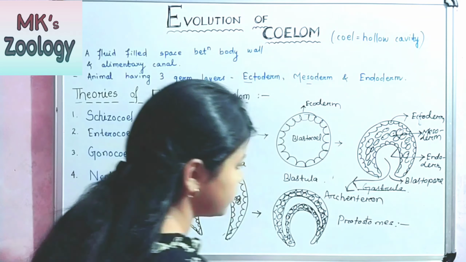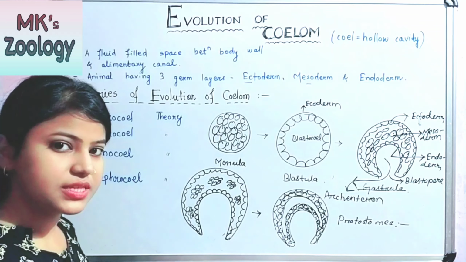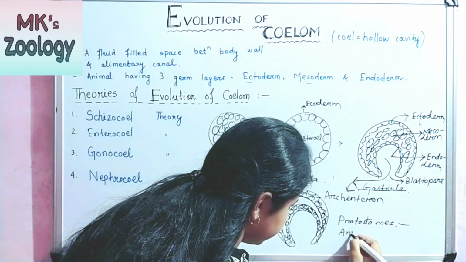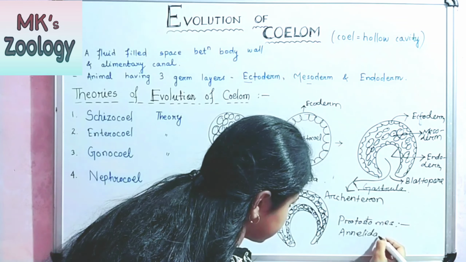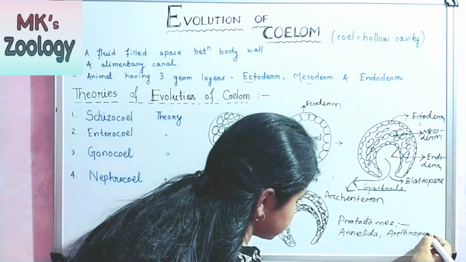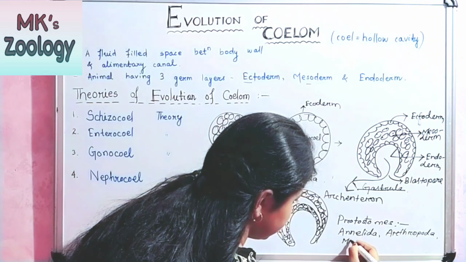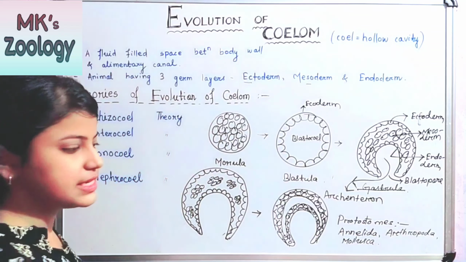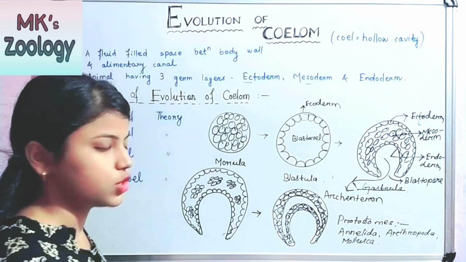Okay. So, the examples of protostomes are Annelida, Arthropoda, Mollusca. These three are the examples of protostomes.